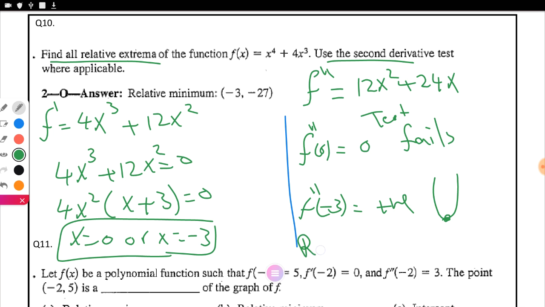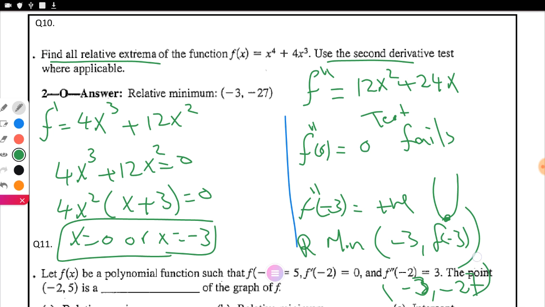We have a relative minimum at which point? Negative 3 and f at negative 3. We replace in f by x equals negative 3 to find the y coordinate, which will be the relative minimum at what? Negative 3 and negative 27.